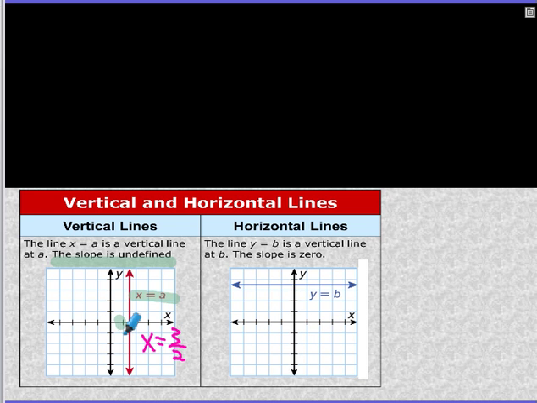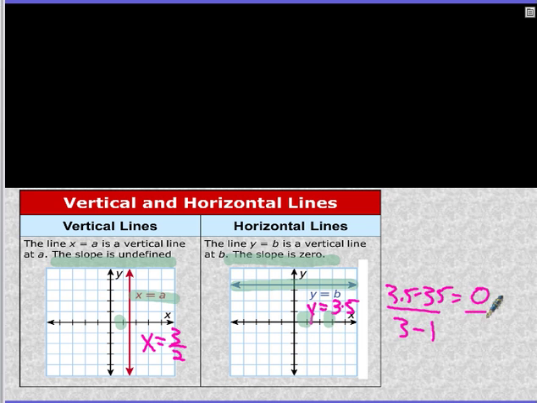What about horizontal lines? Well, notice in horizontal lines, the y value stays constant. So y equals 3.5 or 7/2. And in this case, our slope is 0 because x will change, but y will never change. So if I took this point and this point as my x2, x1, so I've got 3 minus 1 over 3.5 minus 3.5.